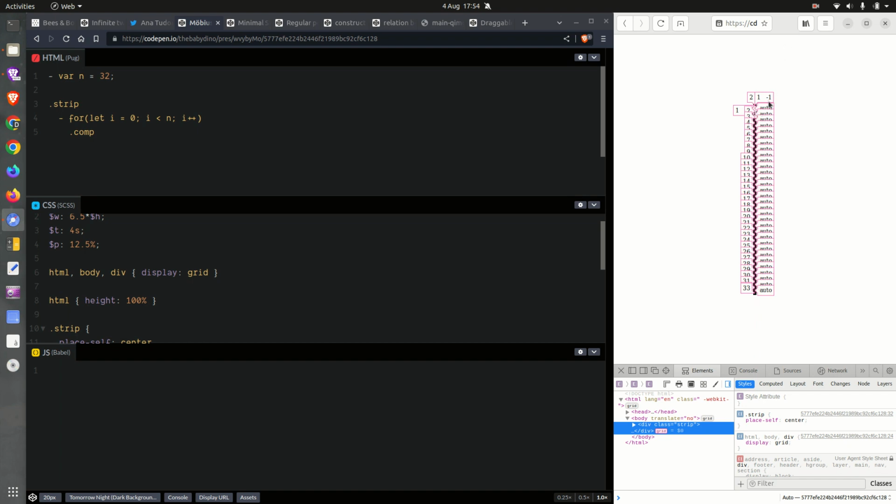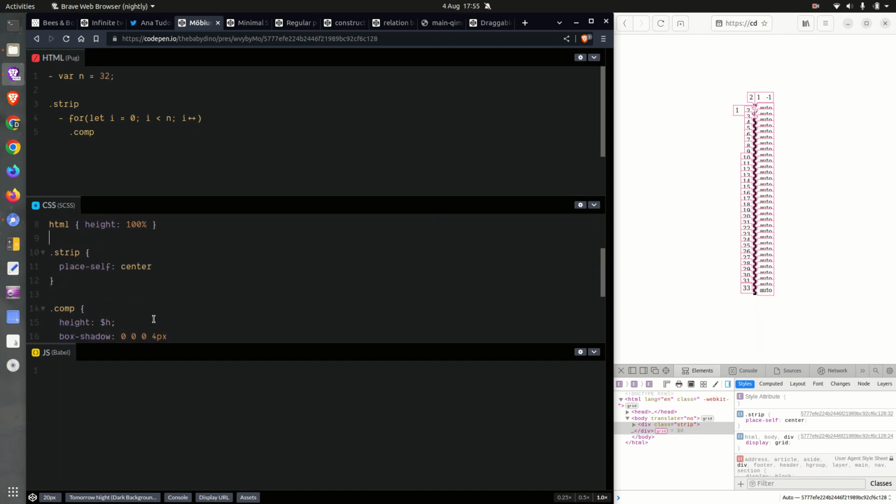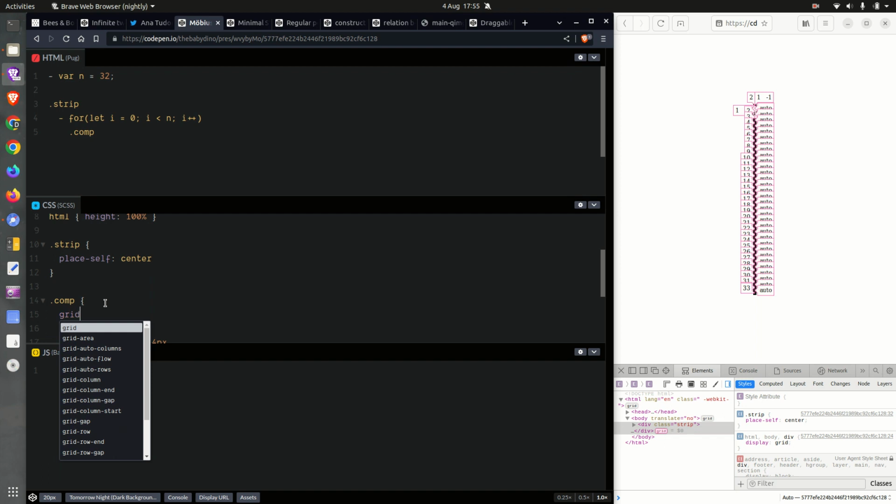We don't want all those components in different cells. We want all of them stacked one on top of the other in the same cell. And that means placing them in the grid area at the intersection between the first row and first column. So basically our strip grid is also going to become a one cell grid at the intersection between the first row and first column. So here we're going to have grid-area: first row, first column.